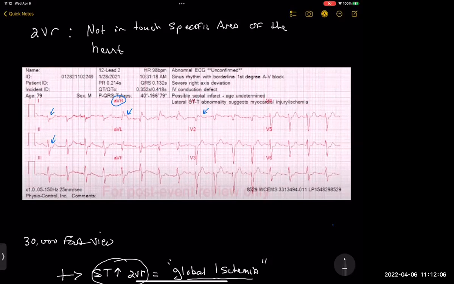And it was such a good scenario that this ECG was presented by the medical director and the interventional cardiologist involved in the case. This actually happened in Texas, in the Dallas-Fort Worth area.